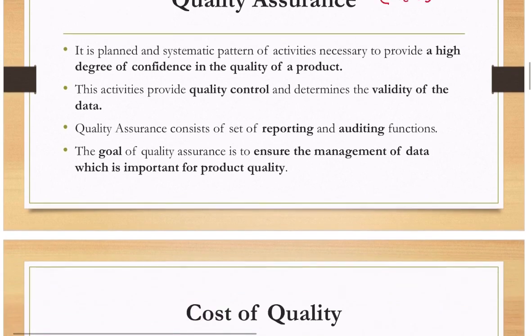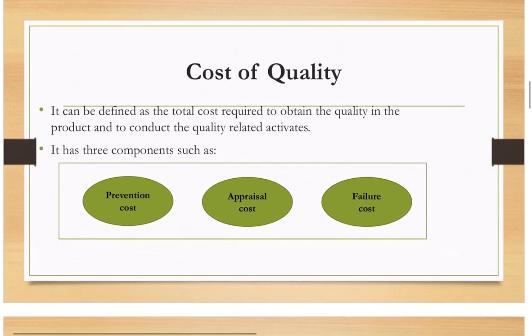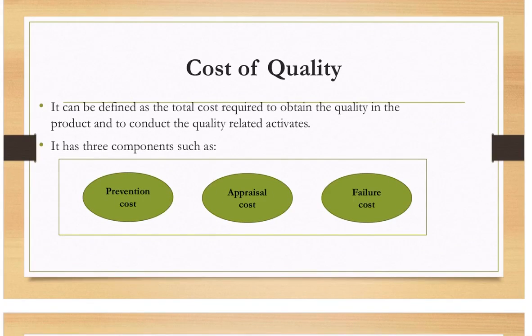Now, cost of quality. What is cost of quality? It can be defined as the total cost required to obtain the quality in the product and to conduct the quality related activities. It has three components: prevention cost, appraisal cost and failure cost.